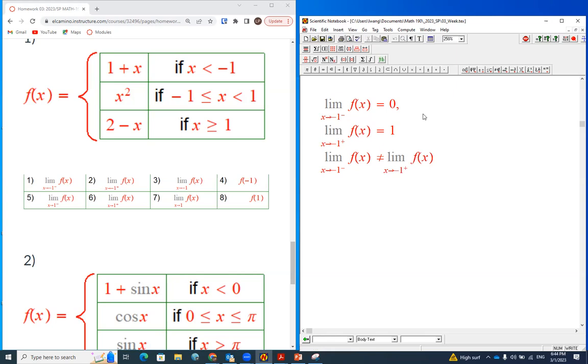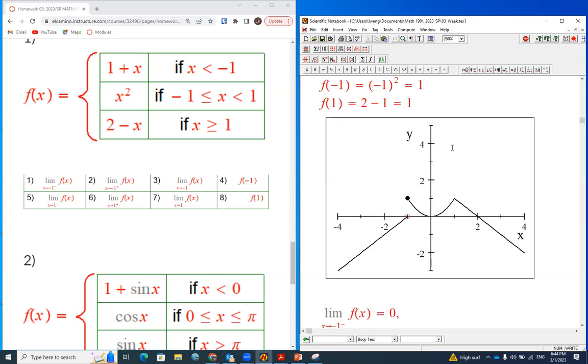Then you say thus, the limit, removing the side, does not exist. You see, the whole time I'm using the language in the statement.